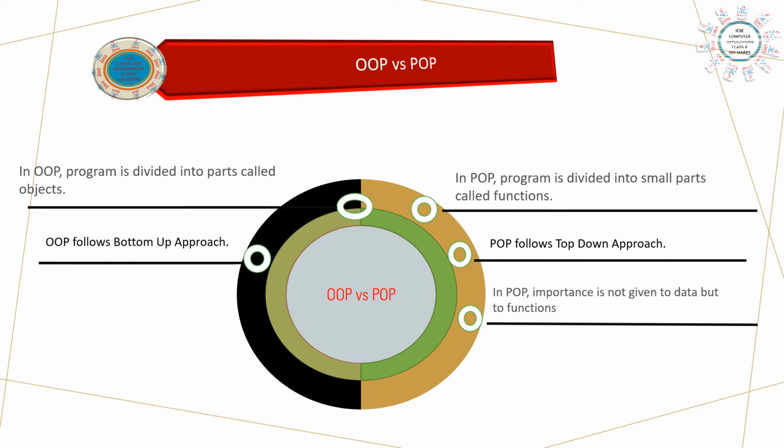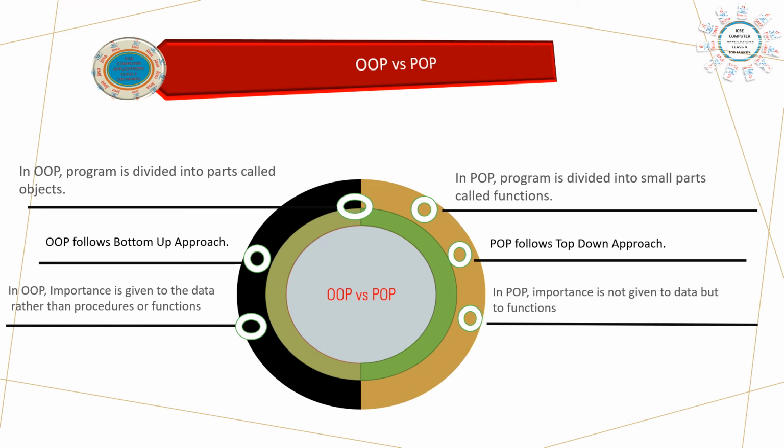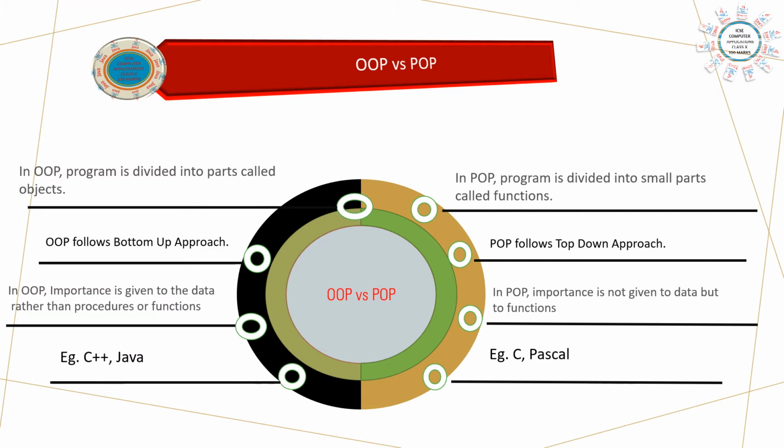In POP importance is not given to data but to functions, and in OOP importance is given to data rather than procedure. And here also you can see we have written the example. So write at least 2 differences, and if you can write the example, you can write that also.